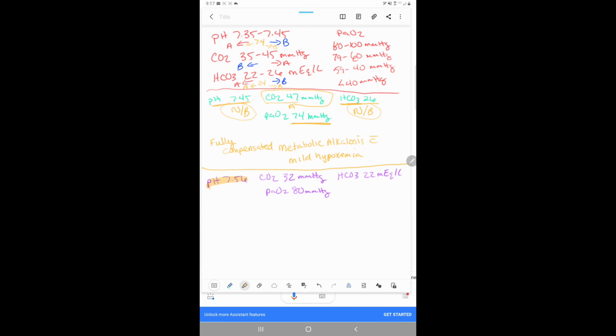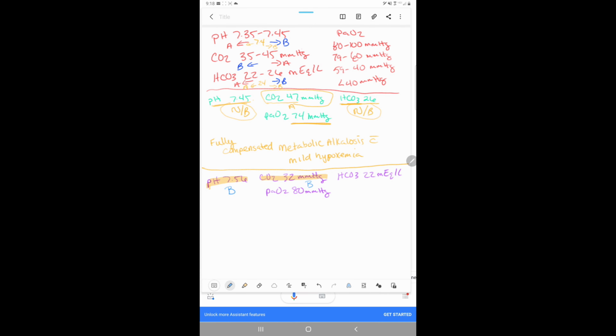Alright, so looking at your pH first. Okay. So your pH is a 7.56. That is definitely base. Okay? It's going to the right. So it's a base. Now we're going to look at your CO2. That is a 32. So 32, that is going to the left, which makes it a base.